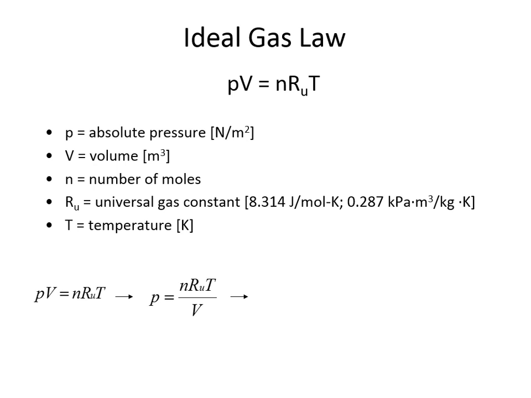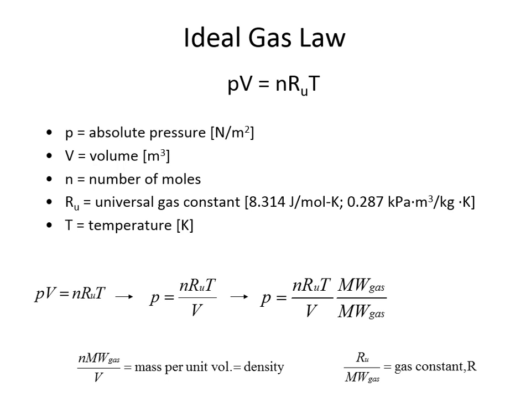and if we isolate the pressure term and then substitute in the molecular weight of a gas in both the numerator and the denominator. One thing to keep in mind is that the number of moles multiplied by the molecular weight divided by the volume is mass per unit volume.